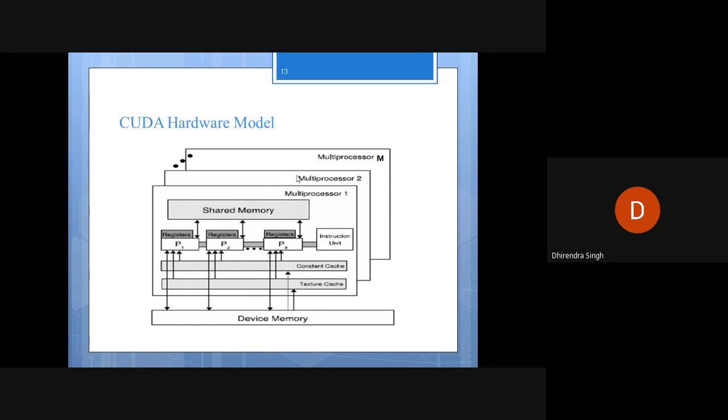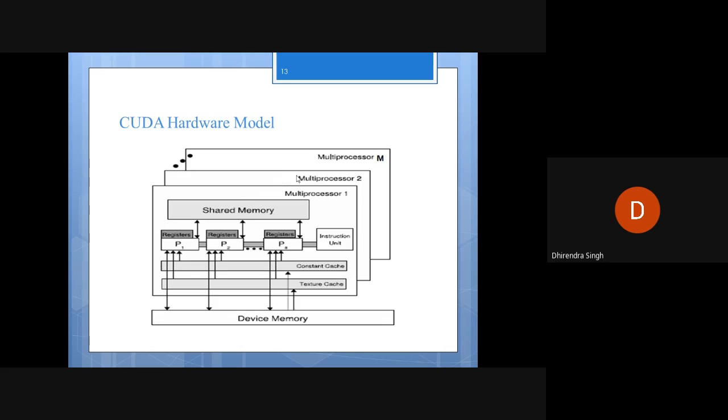What is happening is that those cores are grouped together, and one streaming multiprocessor is defined. Okay, so inside the graphics card, you will have multiple streaming processors, and inside those streaming processors, you will have the actual processing cores.